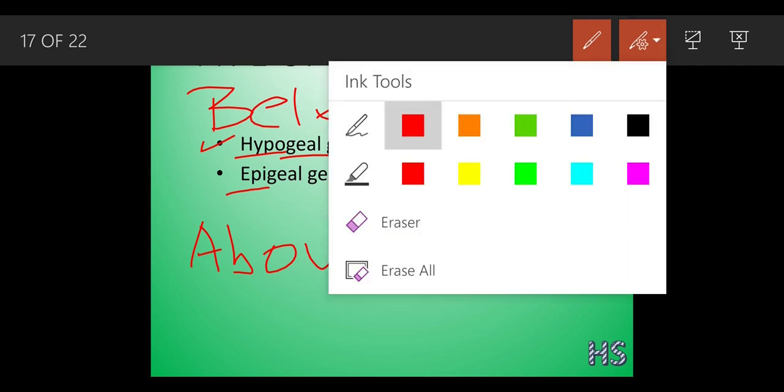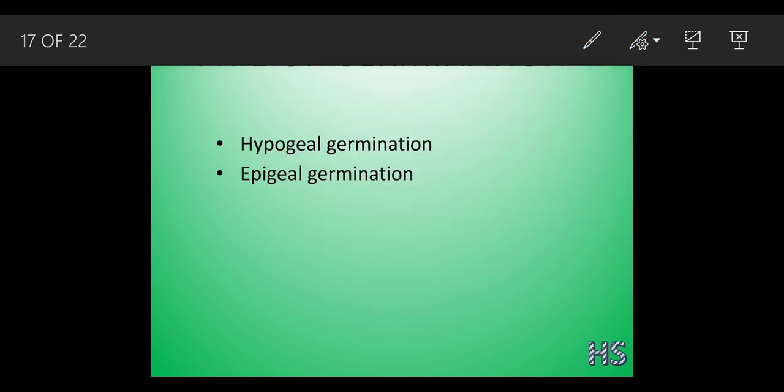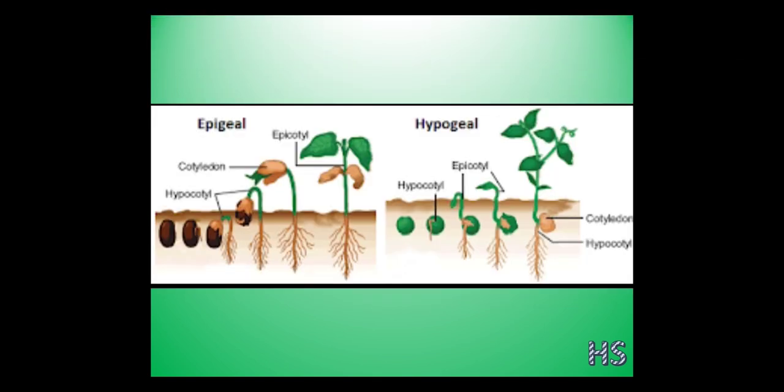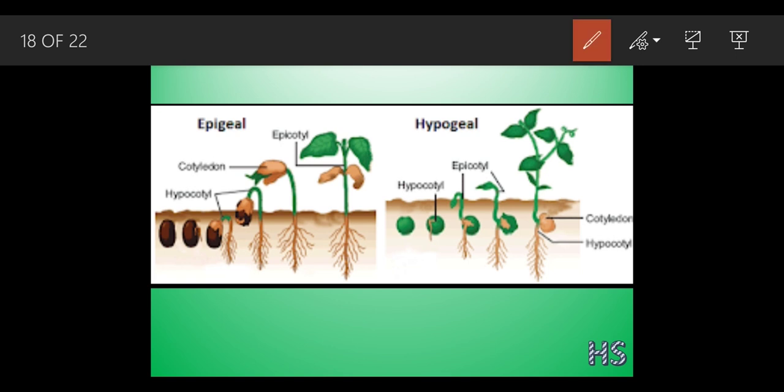Let's see this part. This is a diagram which is going to help you understand this part in a more perfect way. The first condition is epigeal. What do you mean by epigeal? Above the earth. See, this was a cotyledon. This seed started to germinate.